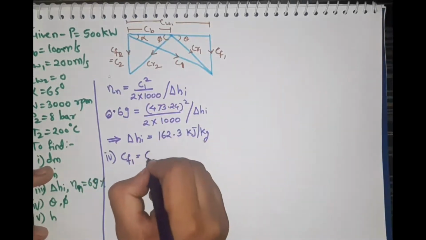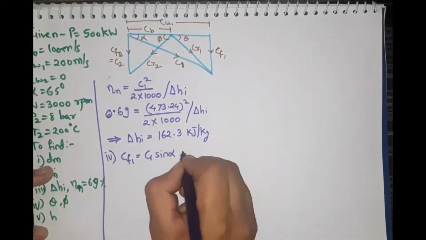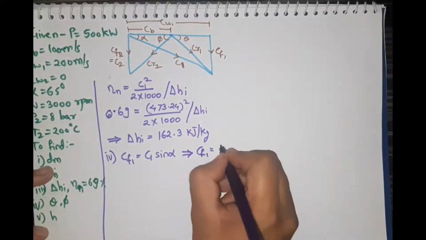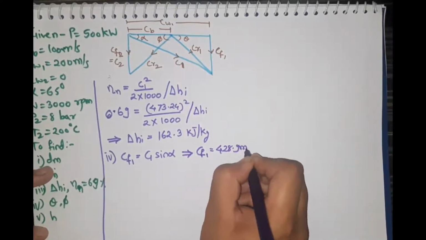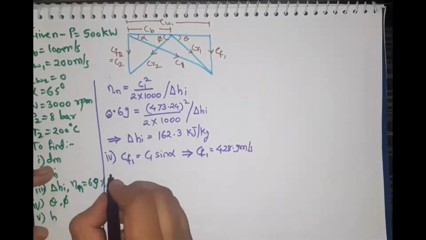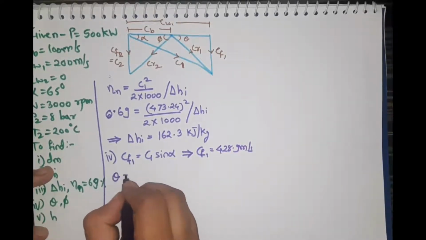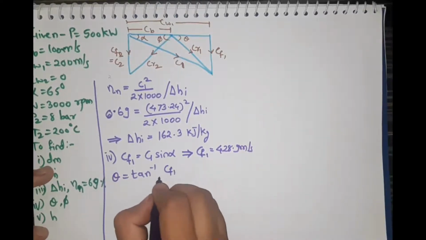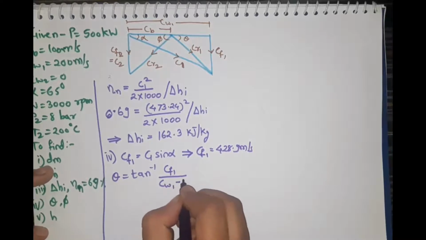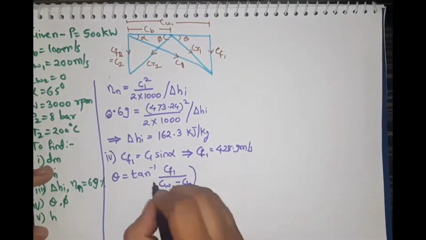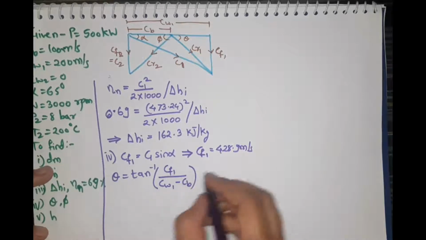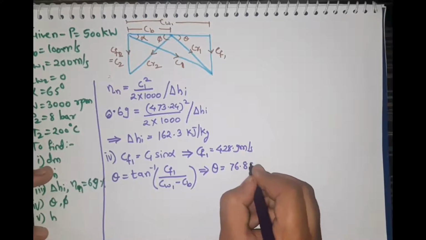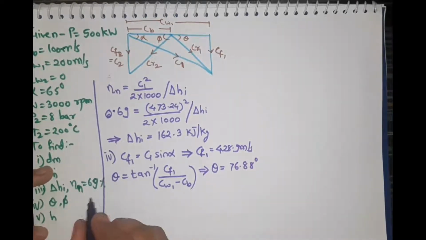So C1 sin of alpha, and from here we will get CF1 as 428.9 meter per second. Now theta is equal to tan inverse of CF1 upon CW1 minus CB, and from here we will get theta equal to 76.88 degree.